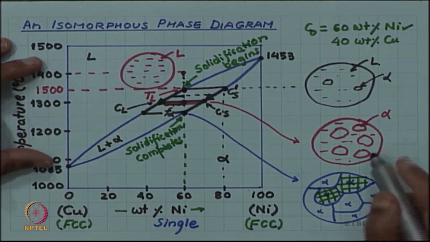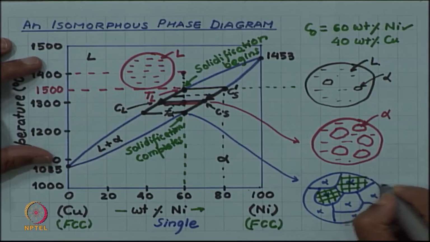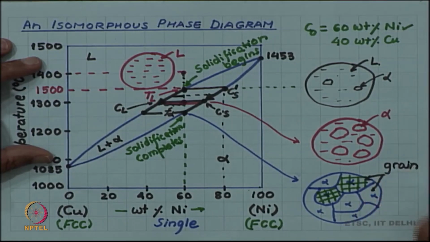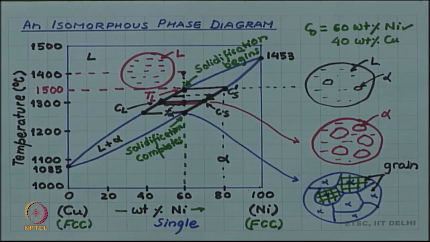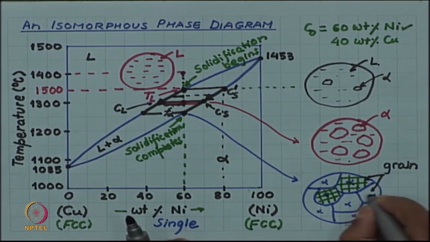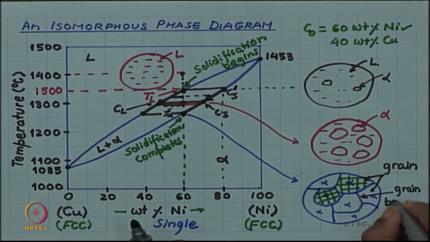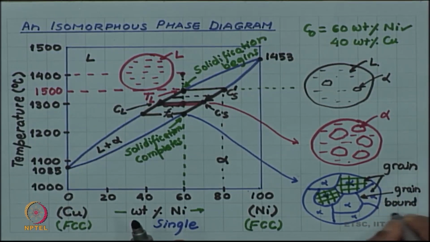So, you have grains and grain boundaries. We have talked about these before, but now we are showing you how this forms and how it is related to the phase diagram. These are different grains and the line separating them is the grain boundary.